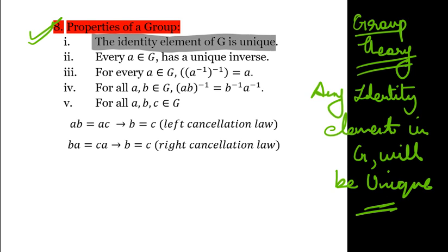Not any element, the identity element of G will be absolutely unique. Next part, every A, that is every element that belongs to G, has a unique inverse. Every element will have a unique inverse.